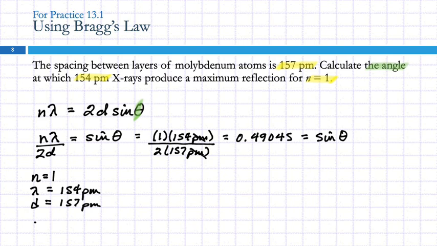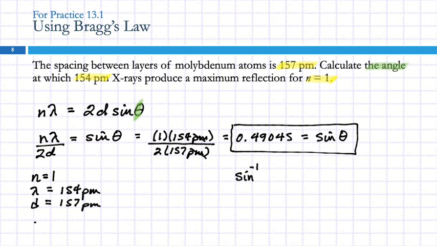It's maybe been a while since you did anything with sines, cosines, tangents. I didn't even especially like those. But we've got this thing here now, so we have to get rid of sine. Sine is a function. We can't divide by it. We have to do the opposite, and the opposite of sine is inverse sine. Most calculators show that as sine to the minus 1.